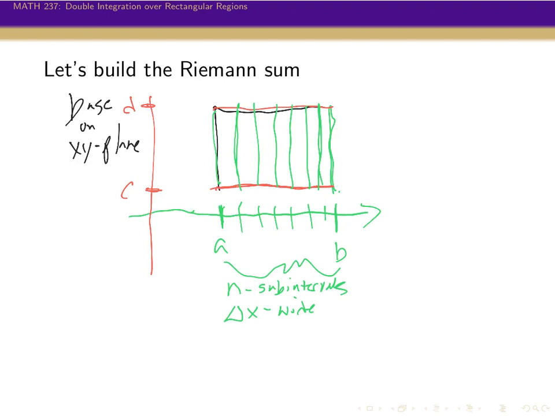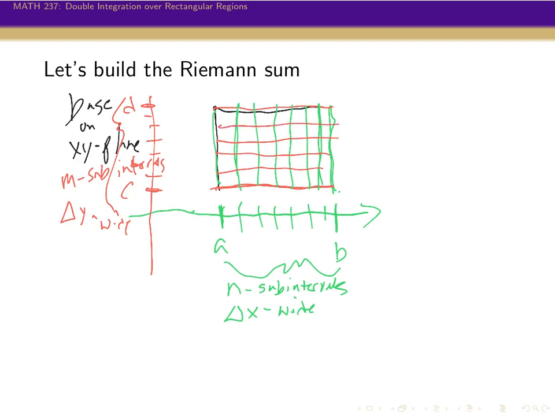And then we're going to break the y into, let's say, m subintervals. These are each going to be delta y long. And say we do it like that. These are all the same width, something like that.